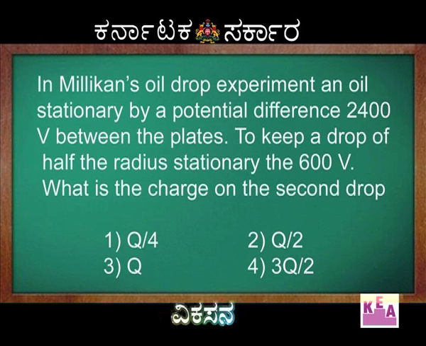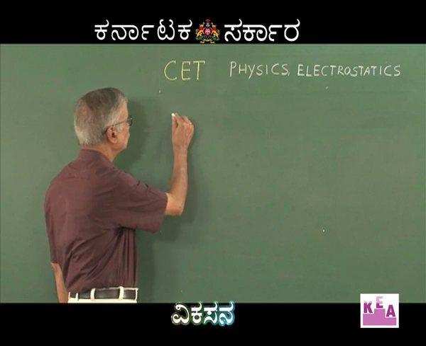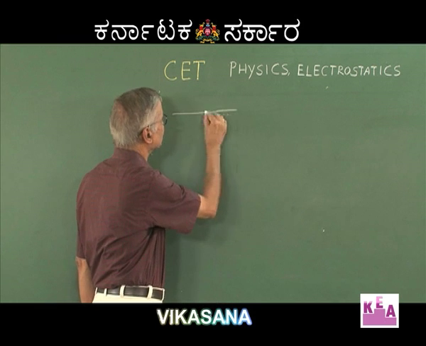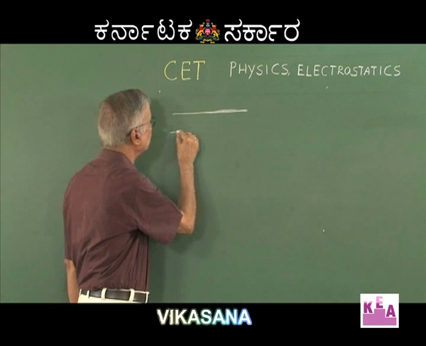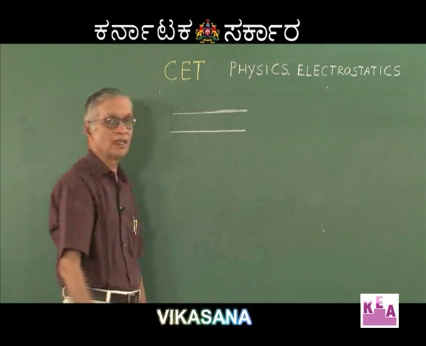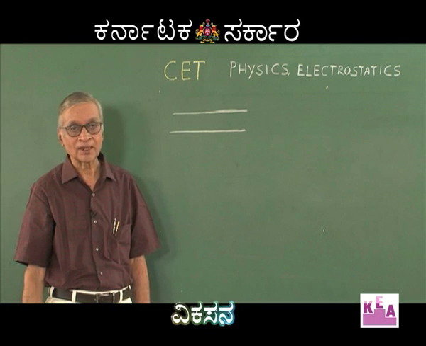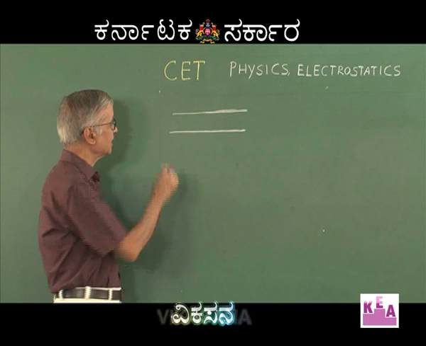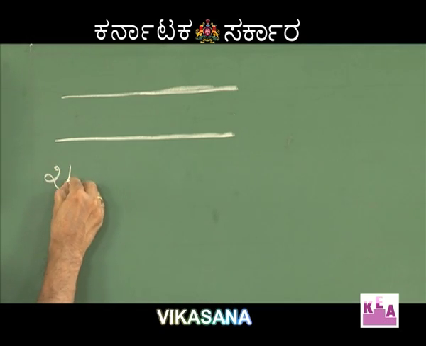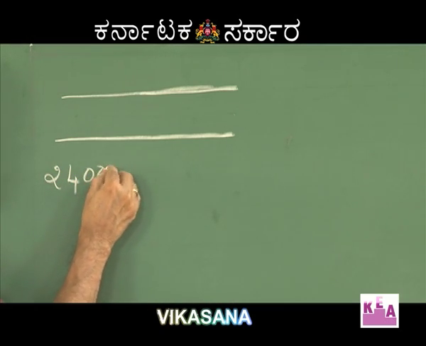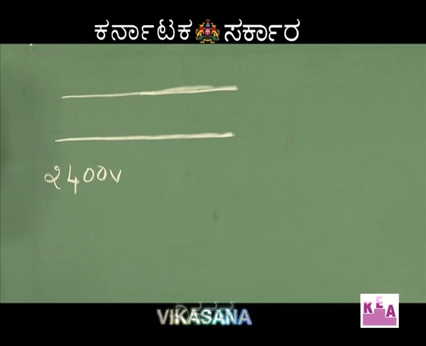In Millikan's oil drop experiment, there will be two charged metal plates between which a potential difference is maintained. In the first case, a potential difference of 2400 volt is maintained between the plates.